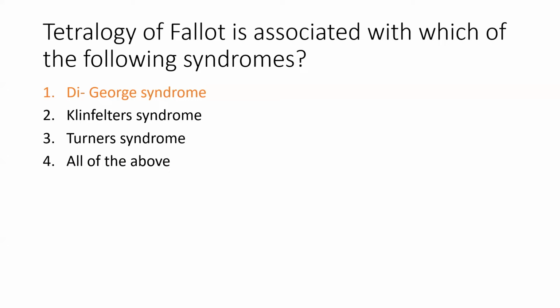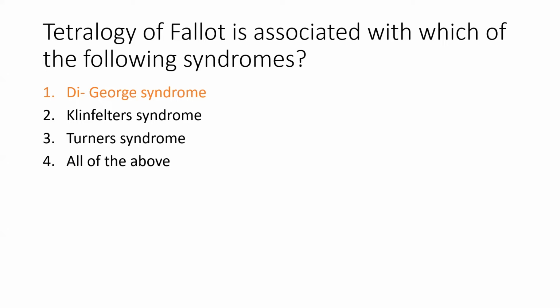You can remember from USMLE step 1 exams, the mnemonic CATCH-22 may be useful. C for congenital heart diseases like Tetralogy of Fallot or conotruncal anomalies. A is abnormal facies of hypertelorism.